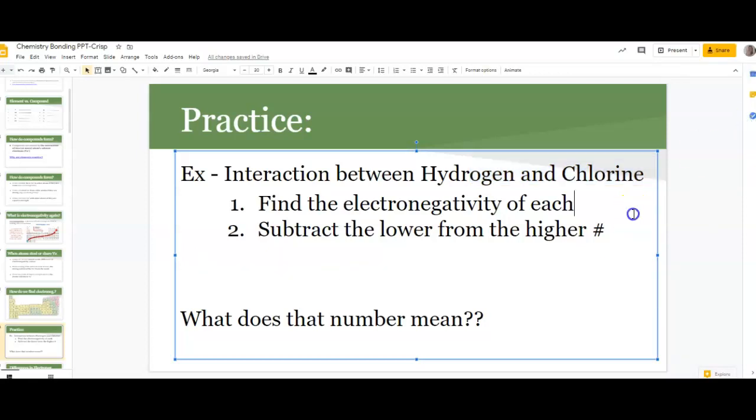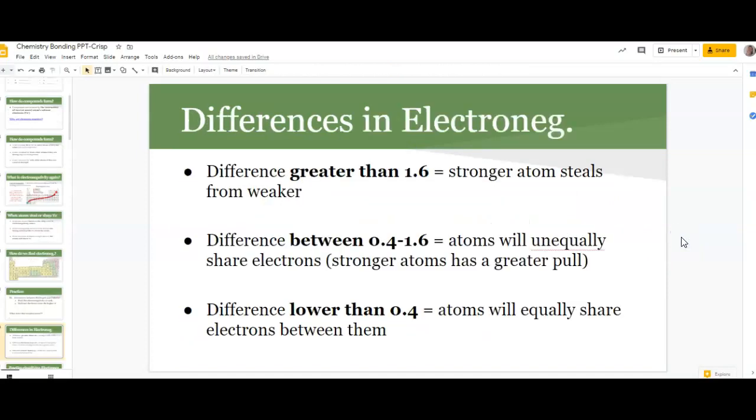In order to figure that out, there's a chart to help you. If the number is really small, then that means that there is no real difference in electronegativity, so they end up having to share.